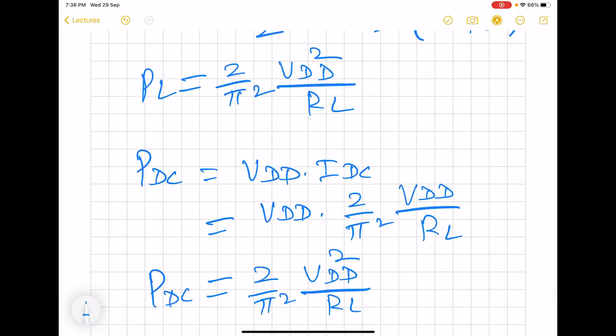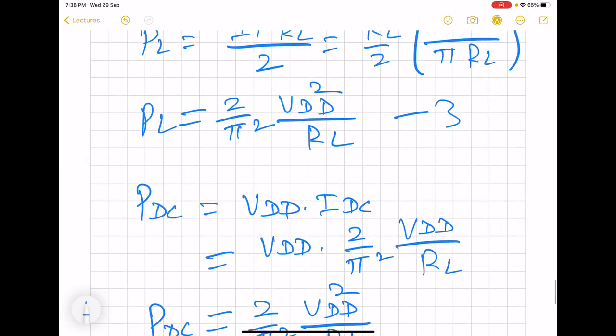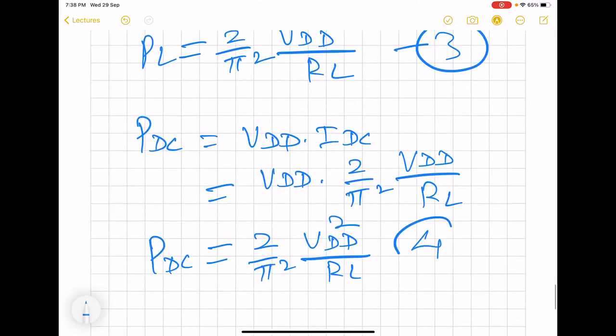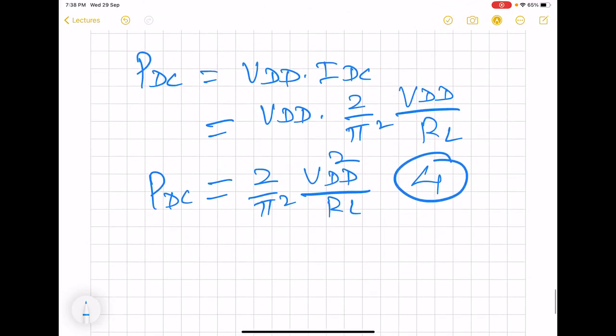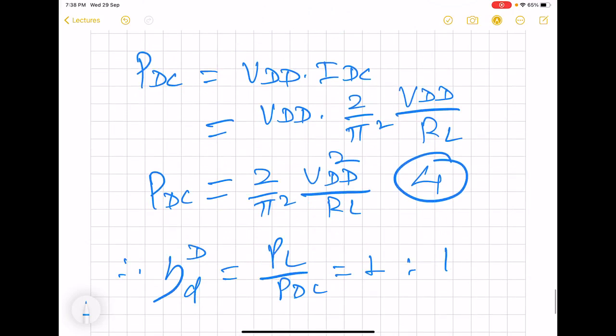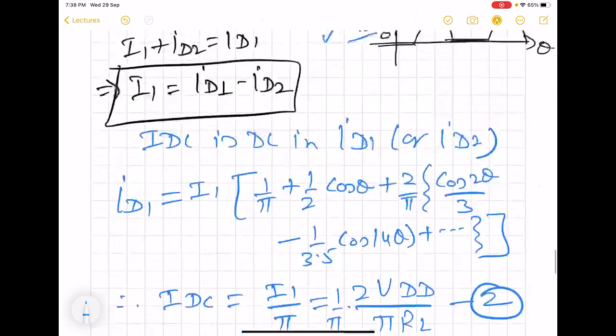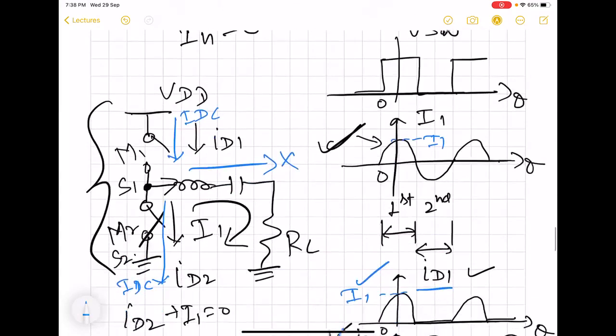So this is PDC. Comparing equations 3 and 4, we see that both are exactly equal. Therefore, eta D for class D, which is PL by PDC, is equal to 1, that means 100%. And this should not come as a surprise because switches do not consume any power. They are ideal switches.